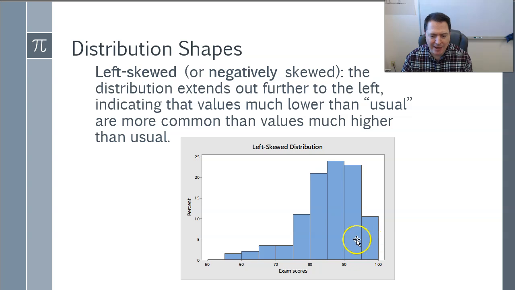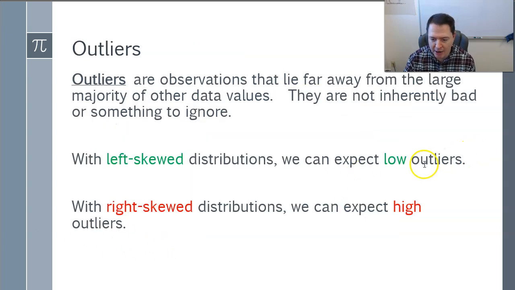So if I see a value that lies far away from the other main values, because this tail extends out very far, it's going to be on the left. This left skew implies that if we get any outliers, they're much more likely to be on the left. And what's on the left of the number line? Smaller numbers, right? Low outliers.